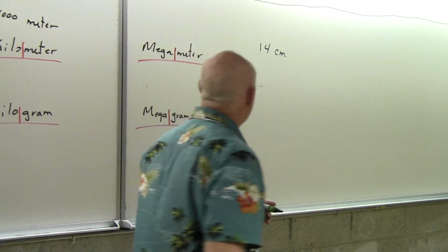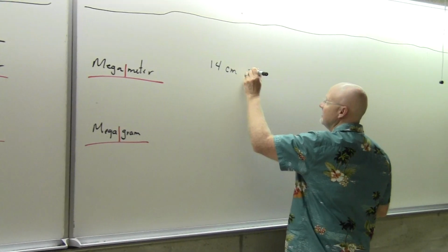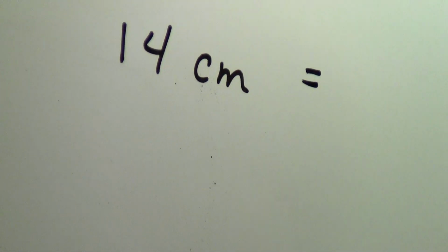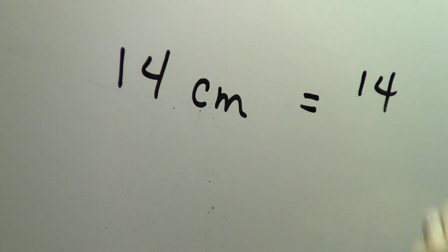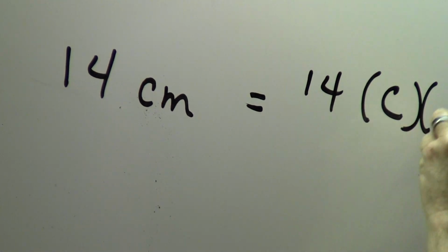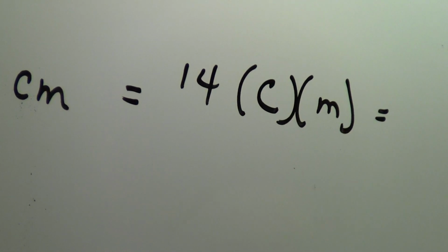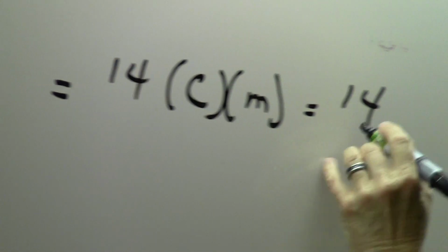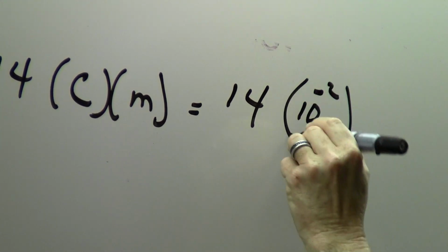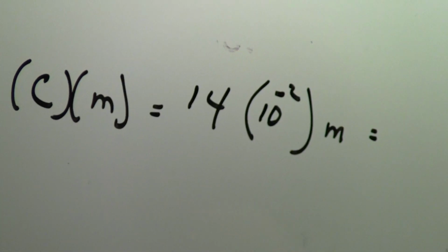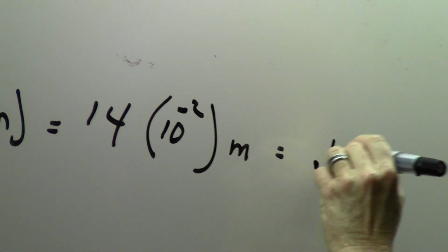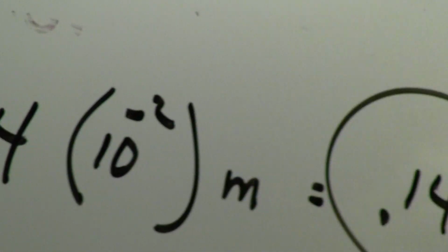See, because what if I were to ask you to convert this into meters? You would say, well, this is a 14, and this is really a C times an M, and a C is really 100th of a meter, and 14 times 100th is 0.14 meters.